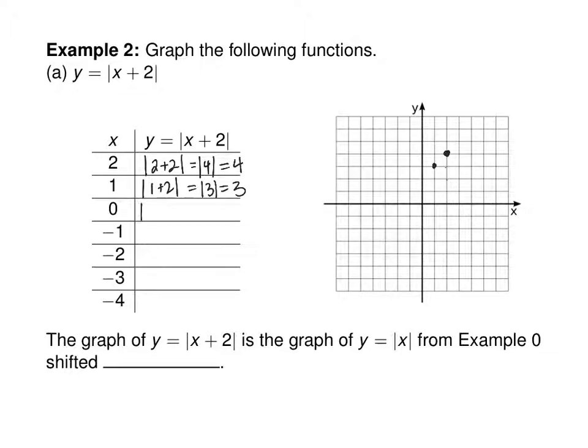And then inputting 0, I got 0 plus 2, which gives us just 2, which absolute values to 2. Okay, negative 1, absolute value negative 1 plus 2. So first you've got to add the negative 1 and the 2, which makes 1, which absolute values to 1. Okay, and negative 2, absolute value negative 2 plus 2 is absolute value of 0, which gives us 0.